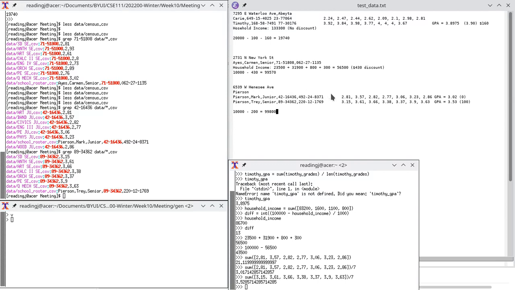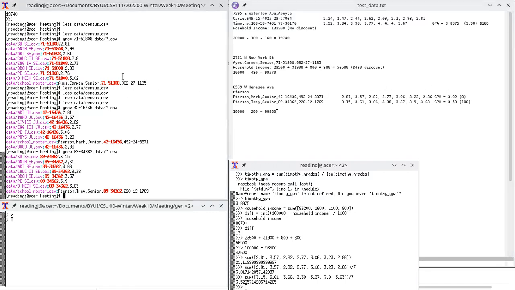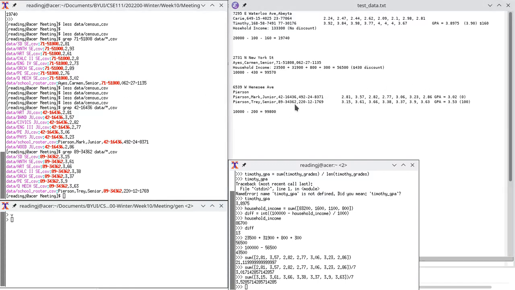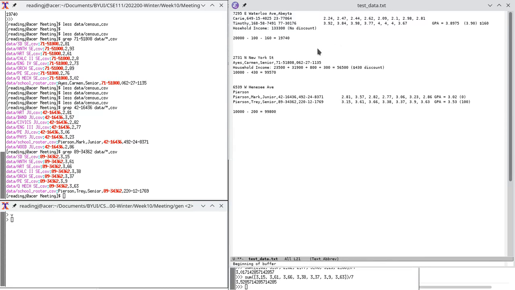Then I had to look in all the classroom files to get the GPA information. I had to look in the census file for the whole family to get the household income information. And so you can kind of see the way we're having to collect data and the steps we had to go through. So we're really going to reproduce those steps in the program.